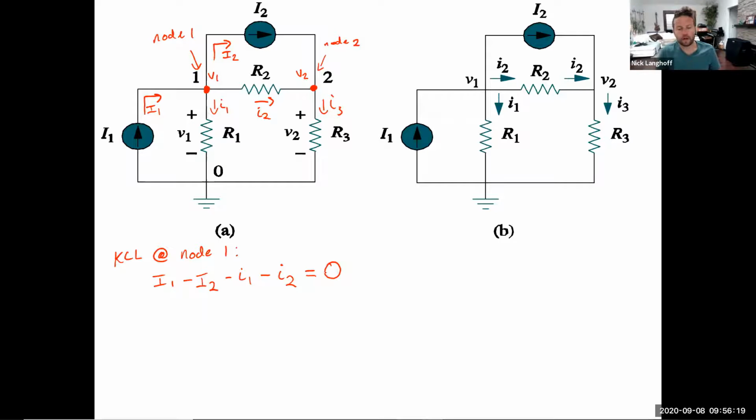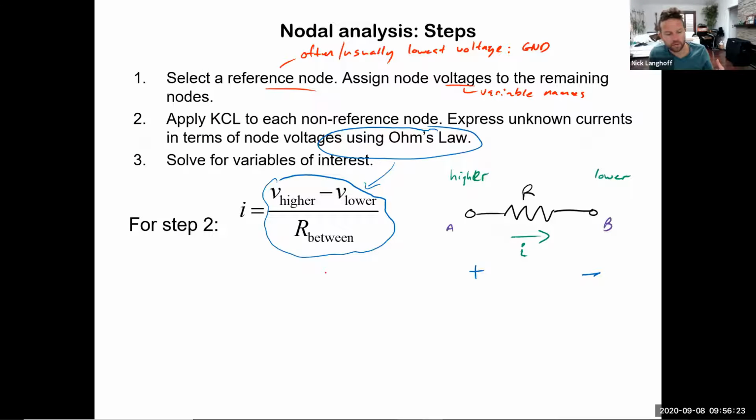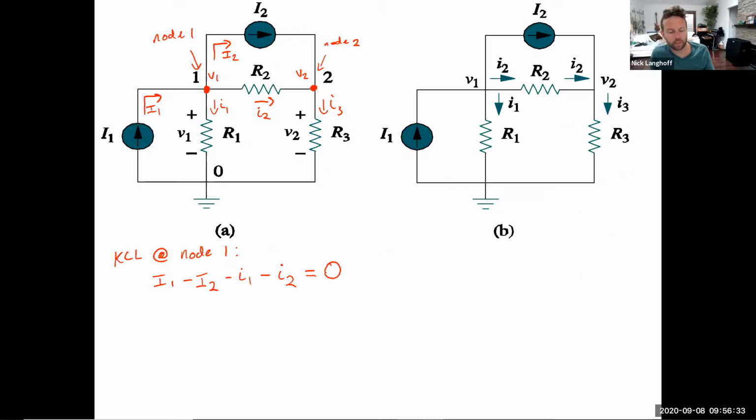Now, if you go back to the slide just before, it says step 2, apply KCL to each non-reference node, then express the unknown currents in terms of the node voltages using Ohm's law. So that's what we need to do. These are the unknown currents, little i1 and i2, and we now want to express those in terms of the node voltages.